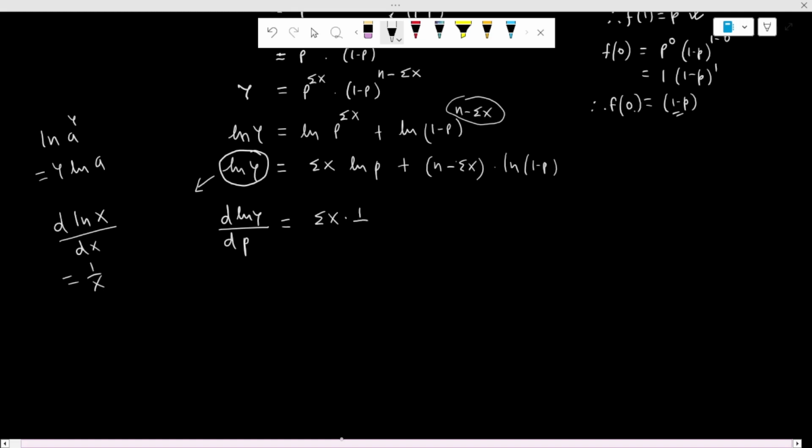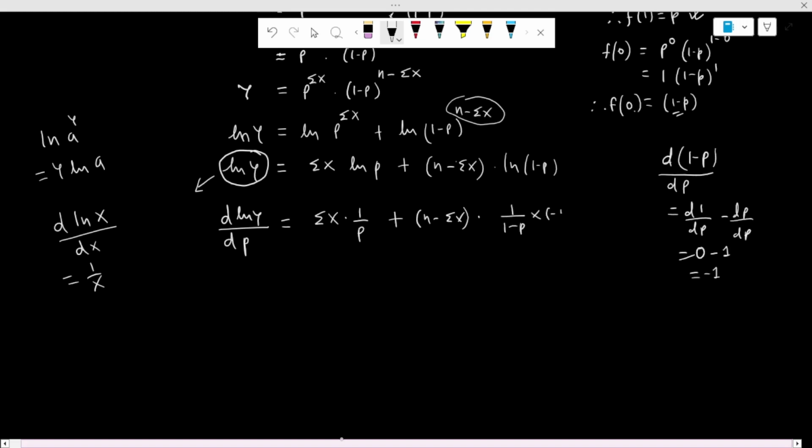We get 1 by p plus, we don't have p over here, so they are something like a constant when we compare it with p, and here we are going to apply the chain rule. So first of all, we consider 1 minus p as x. So the derivative of log x is equal to 1 by x, that is 1 by 1 minus p, and further we take the derivative of this term with respect to p. So we need to further multiply this term by minus 1, giving plus minus minus.